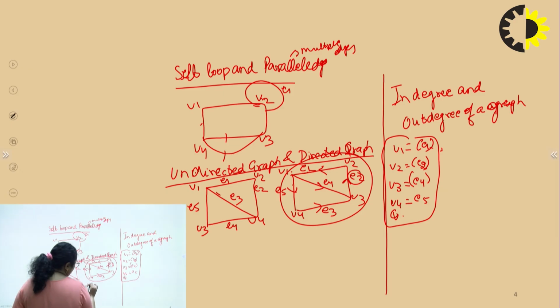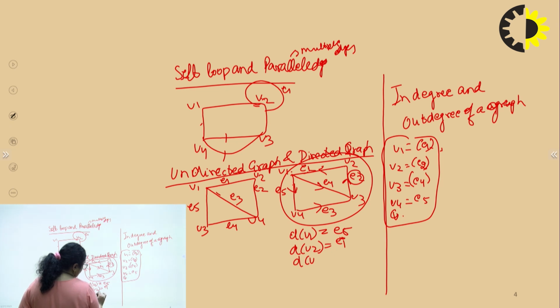Now if we go for out degree, out degree of V1: what is going outside? V1 has E5 edge as outgoing. Vertex V2 has E1 edge as outgoing.